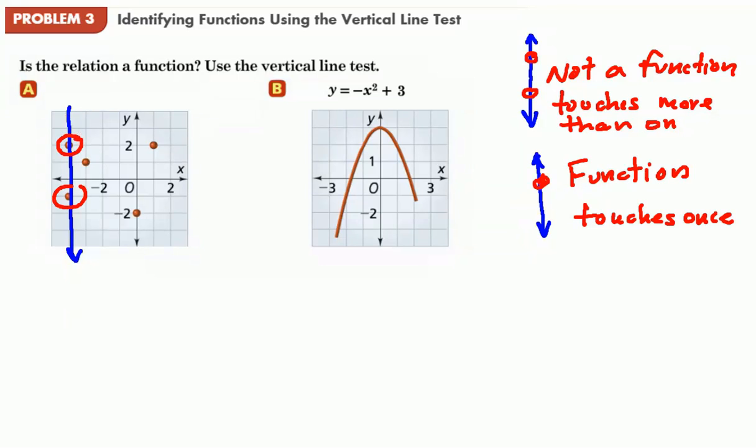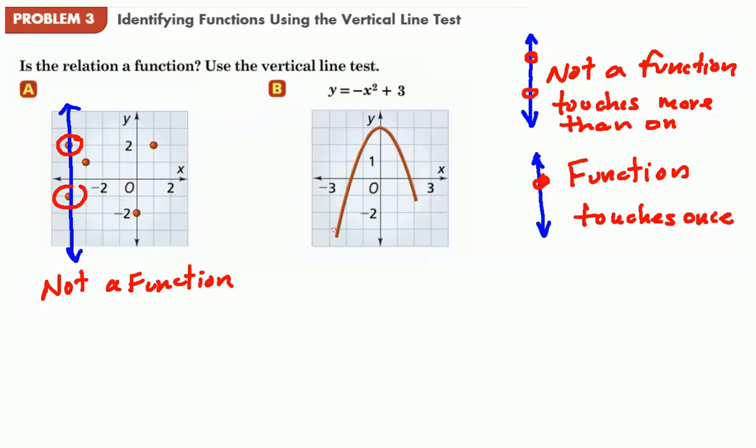So the vertical line test fails. So since the vertical line test fails and it's touching more than once, we're going to go ahead and say that this is not a function. Alright, so this is an example where you have discrete or there's just points.